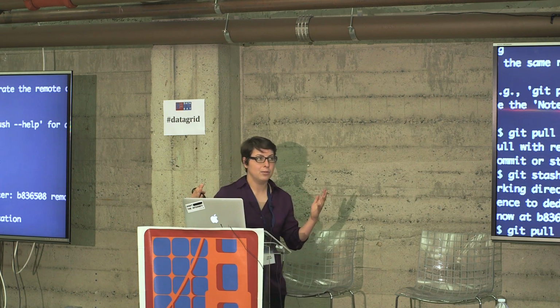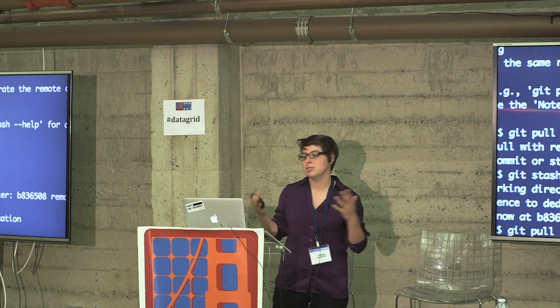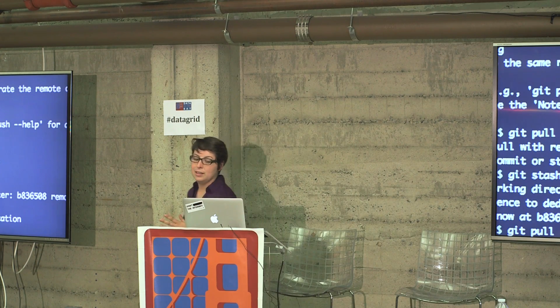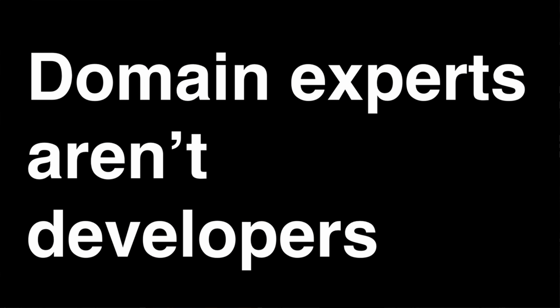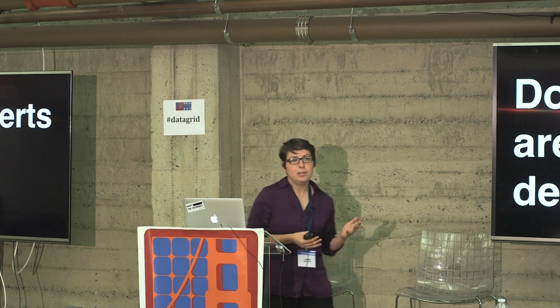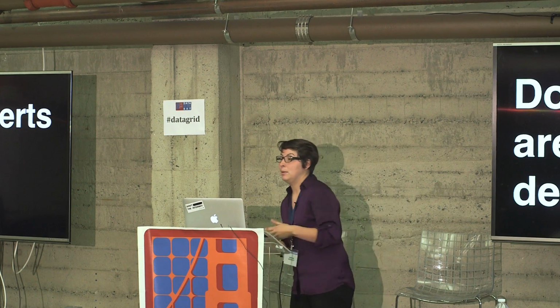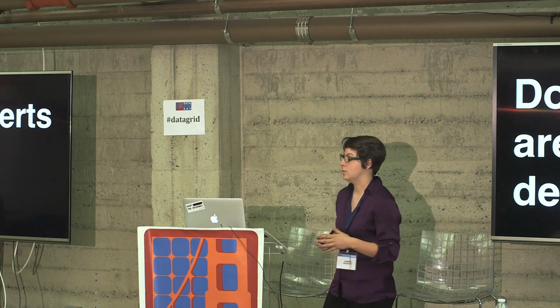I've been using Git for 4 or 5 years now, and I still sometimes have problems with it. So let's be clear: domain experts aren't developers, and we shouldn't have them learn developer tools like Git. Someone who's really good at statistics probably didn't learn that much Git foo, and they're not going to be that good at it. They might be really good at data analysis, though. So we still want them around.